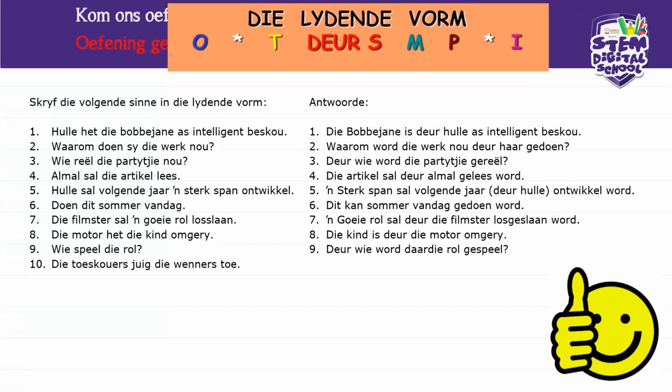Okay, so Charlton says "die wenners word deur toeskouers toegejuig." "Die wenners word deur toeskouers gejuig word." Almost there, "die wenners word deur die toeskouers toegejuig."